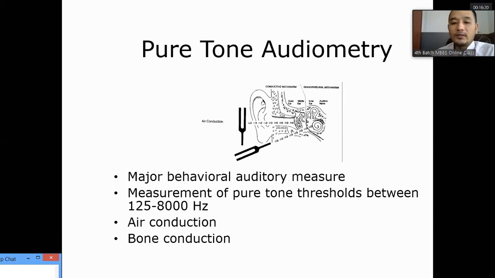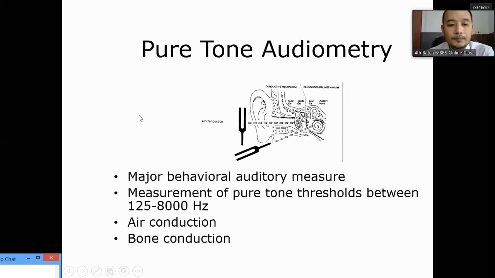We measure the pure tone threshold, the least intensity that is audible to the patient, in the frequency range from 125 to 8000 hertz. In this test, we test both air conduction and bone conduction. Bone conduction bypasses the middle ear conductive mechanism and directly vibrates the cochlea.